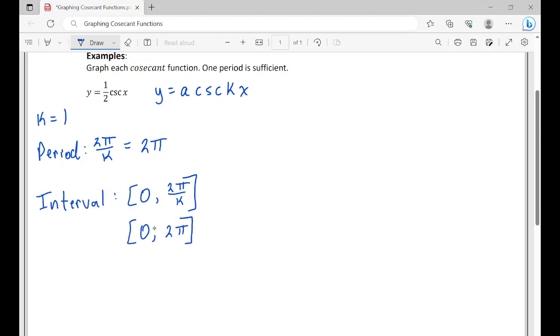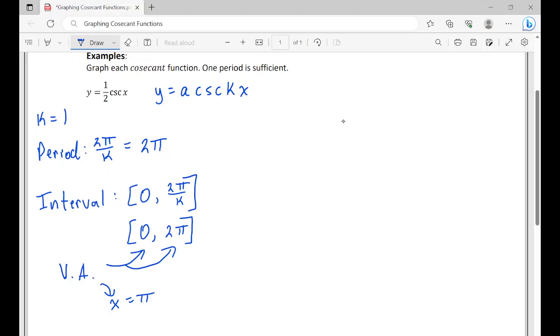Now, these two values happen to be vertical asymptotes. But like I said, we need 3. And the nice thing to know is that the third vertical asymptote, to be found between these two, is right in the middle. So we can have vertical asymptotes at 0, at 2 pi, and x equals pi. So we have 3 vertical asymptotes.